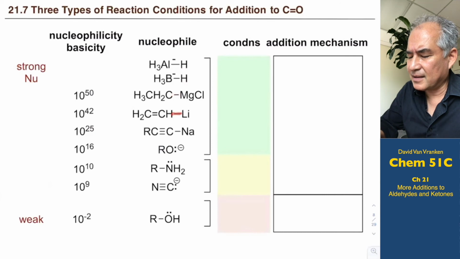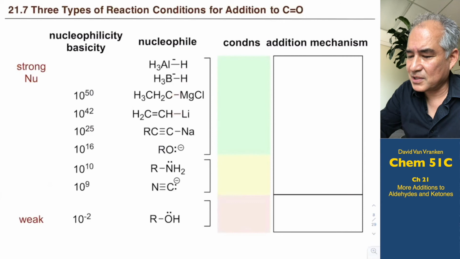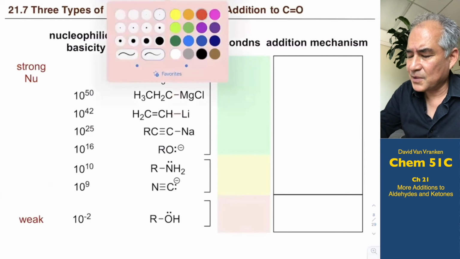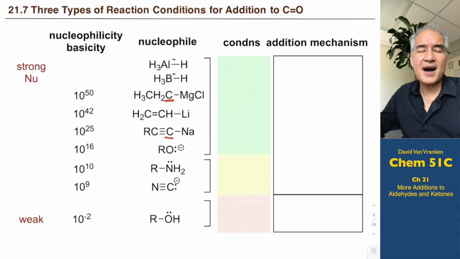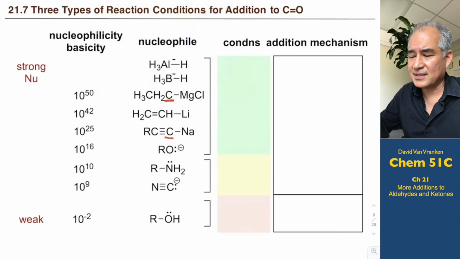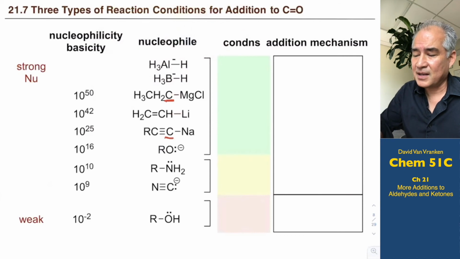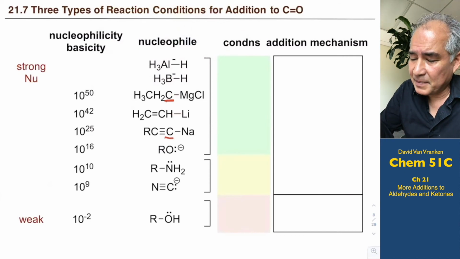But what you'll notice here is that there's a difference depending on the hybridization. So I'll just give you a little pointer. Usually these things are so reactive that they're not important, but why should there be a 25 order of magnitude difference between this carbon and this carbon? 10 to the 25. 1 followed by 25 zeros difference in reactivity. It's not the sodium or the magnesium. It's because this carbon up here on top is sp3. This vinyl one is sp2.